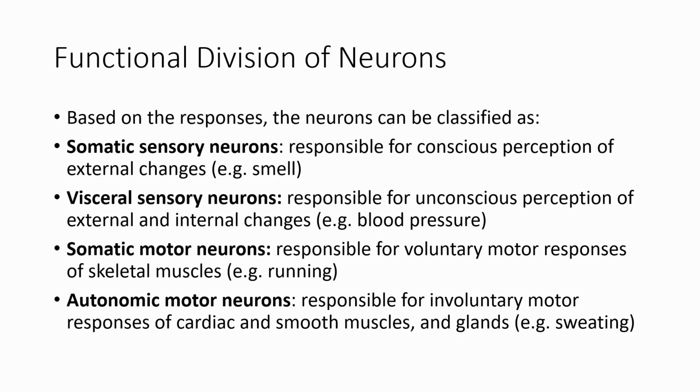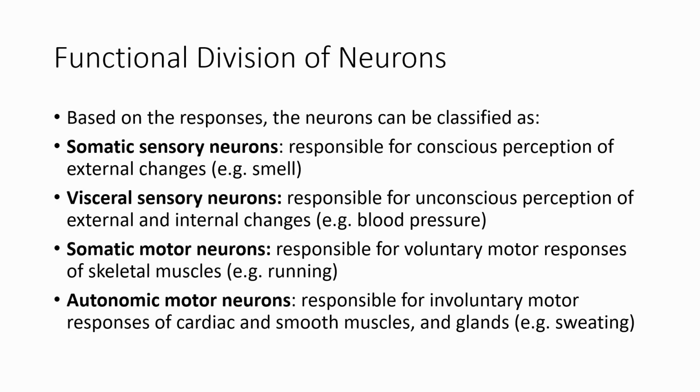But there's also visceral sensory neurons. This is for things that you can't really feel consciously necessarily, like changes in your blood pressure. This is for unconscious perception. So you're not going to necessarily have control or feel that change.